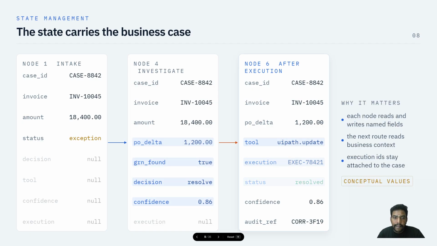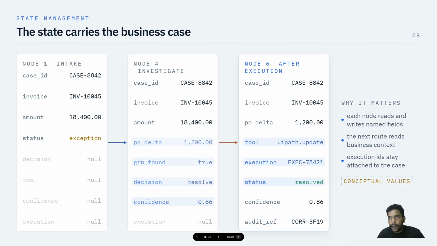In intake, we know the case ID, invoice number, amount, and the exception. Everything else is null, and that is genuinely useful because null means not yet established rather than zero or false.